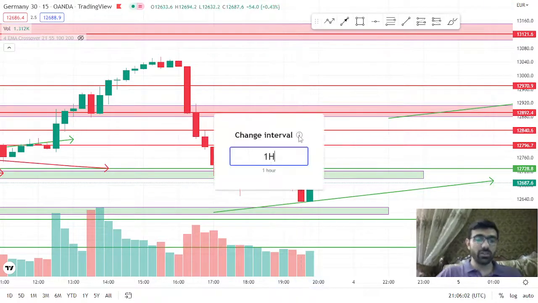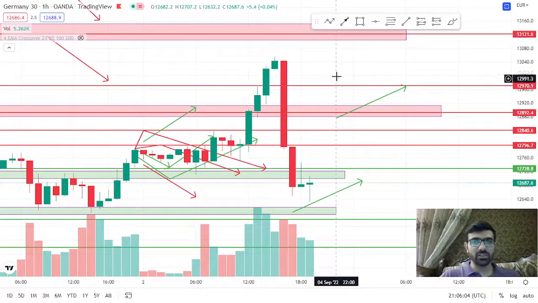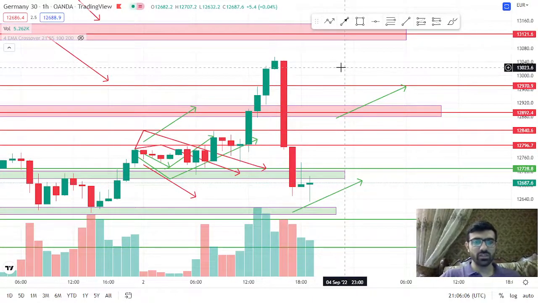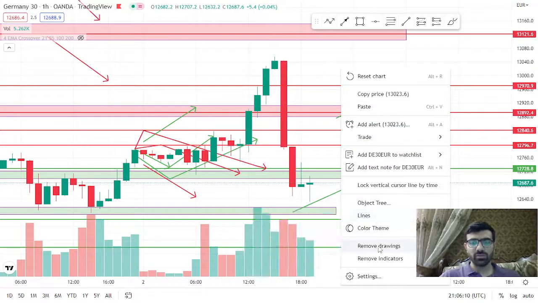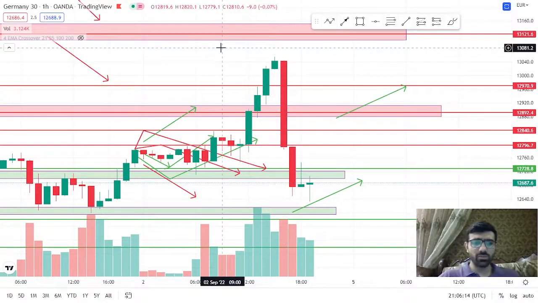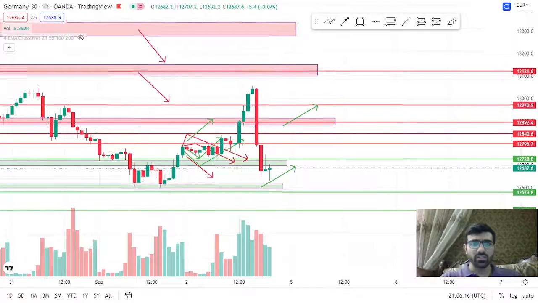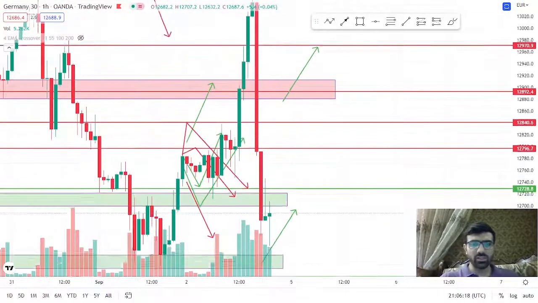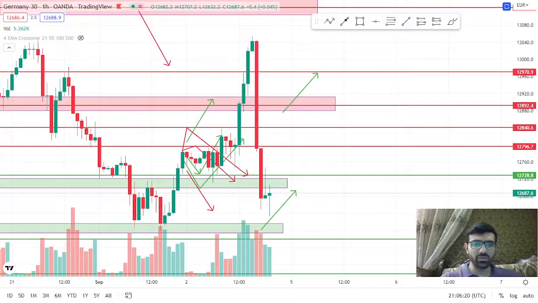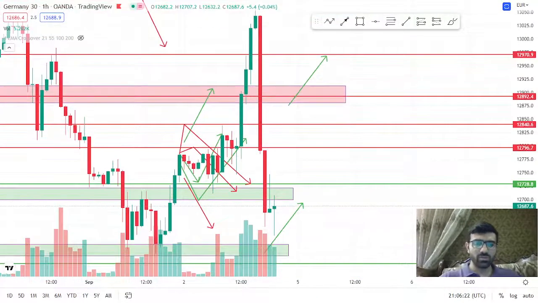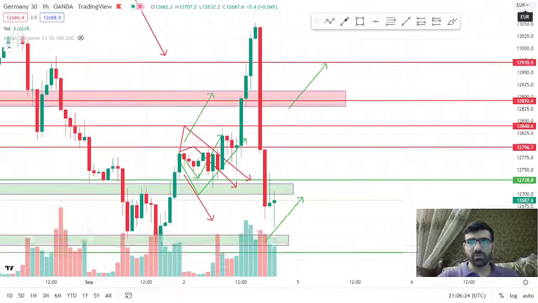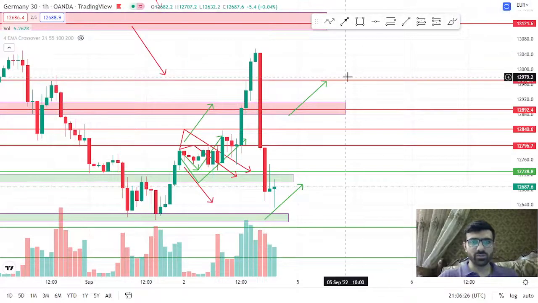Now let us go back to the 1 hour chart and let us continue with today's scenario. Let me remove all the previous drawings. Or rather, let me just keep all the drawings and just mark the new scenarios for you guys, so you guys can have a better idea as to what to do tomorrow as well.